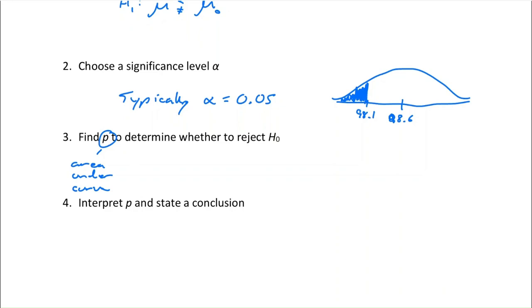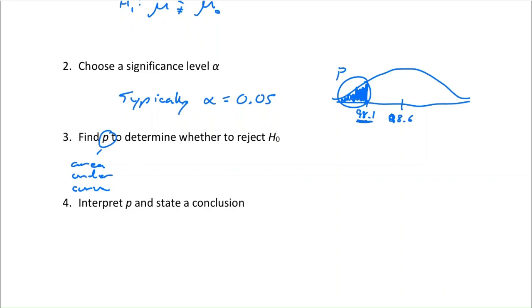And so the question is, what are the chances of getting 98.1 from a sample, or more extreme, by chance? What is the probability that happened by chance? If that probability is very, very small, then we're saying that look, it was highly unlikely to happen by chance. We've got some convincing evidence here that it's less than 98.6.